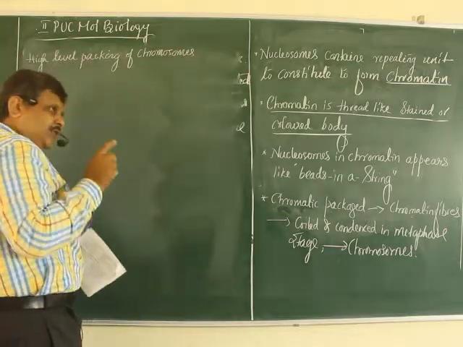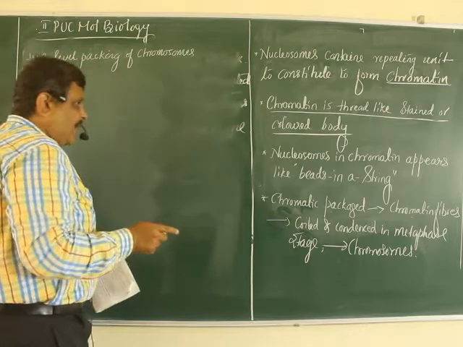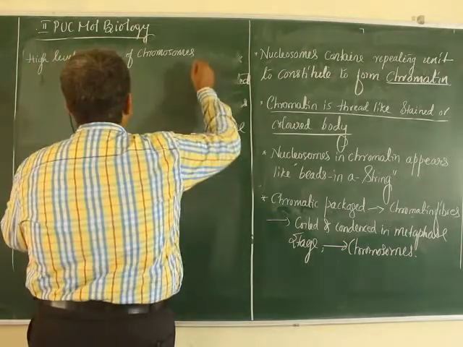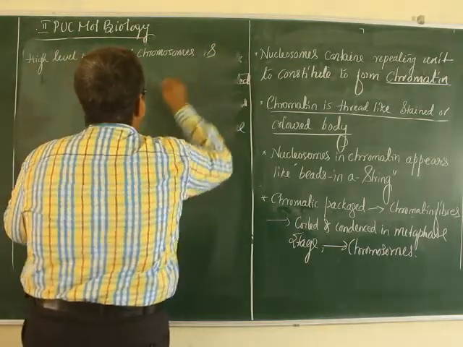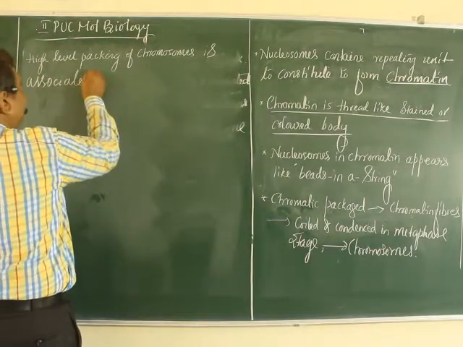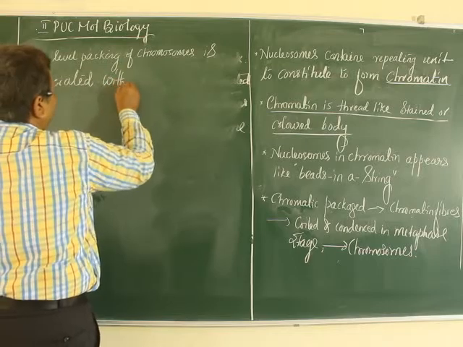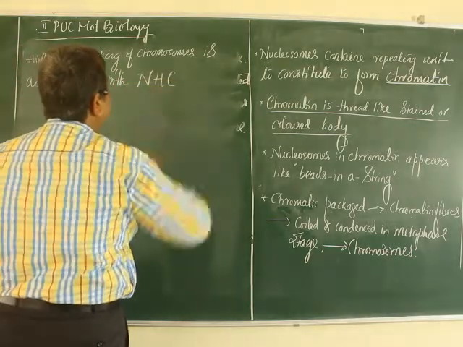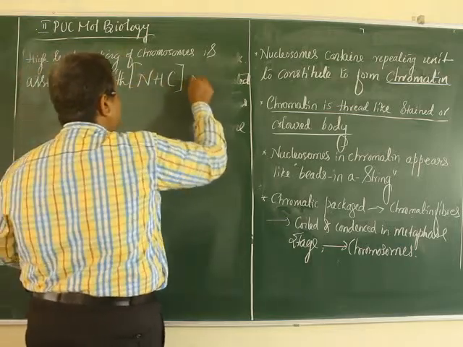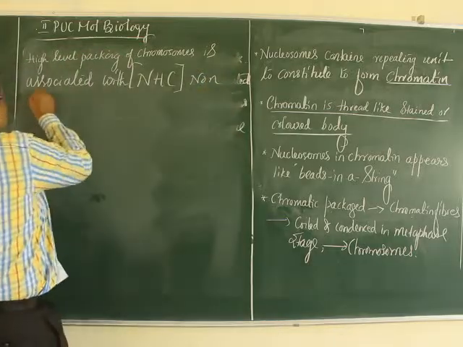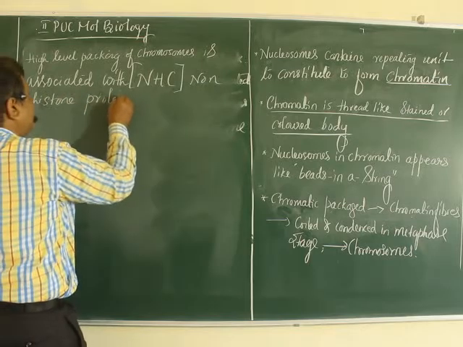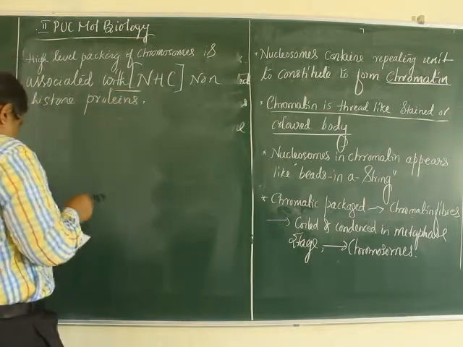Normal level is with chromatin fiber and histone protein, but a still more complicated level of packing of chromosomes is associated with NHC. What is NHC? Non-histone proteins.